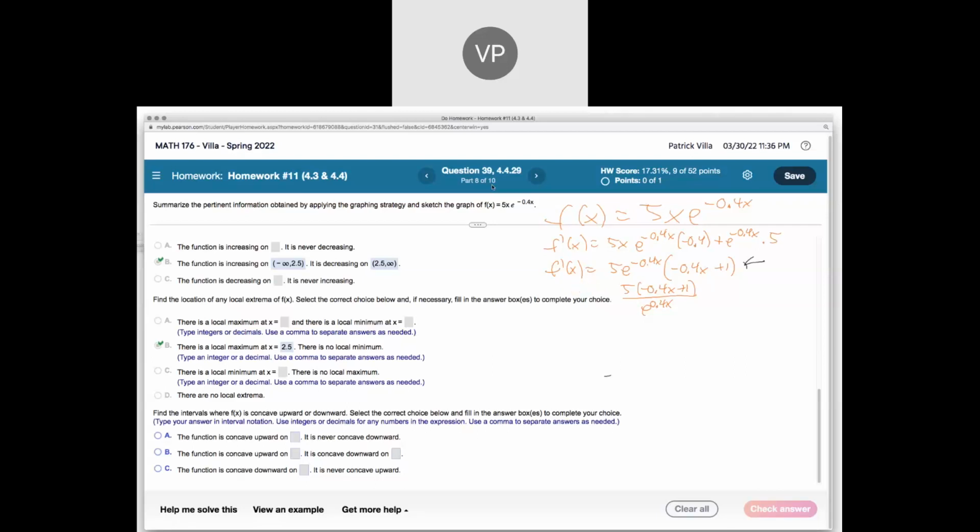Now, I could do the quotient rule on this one I'm erasing, but I'm going to just stick with this one. Again, it doesn't matter. You're going to get the same answer. But I'm going to treat this again like a product rule. This is my first, that's my second.